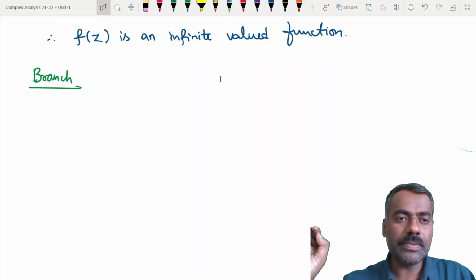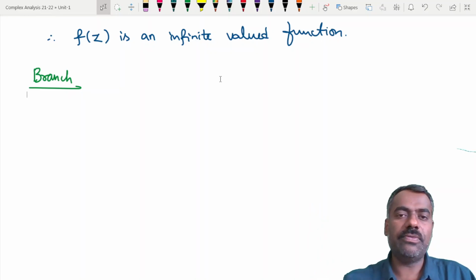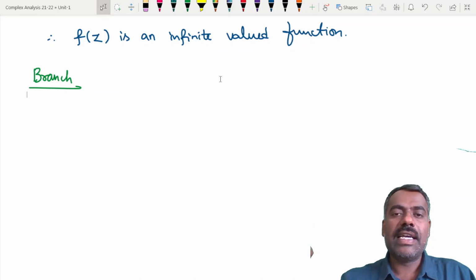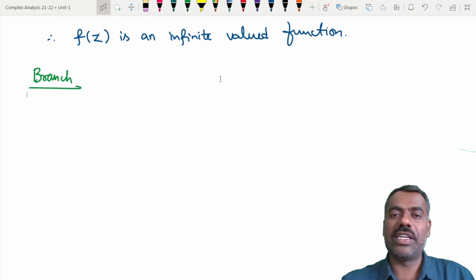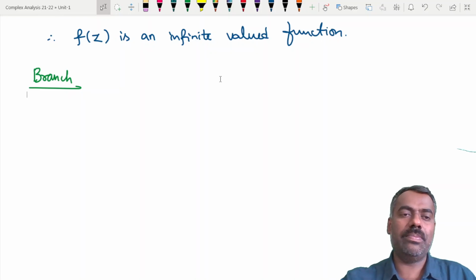Is that clear? First try to understand, we will write. Then what is meant by a branch cut? A branch cut is like some part you remove, so that a multi-valued function becomes a single valued function. That means just like you cut that branch, then it becomes a single valued function.